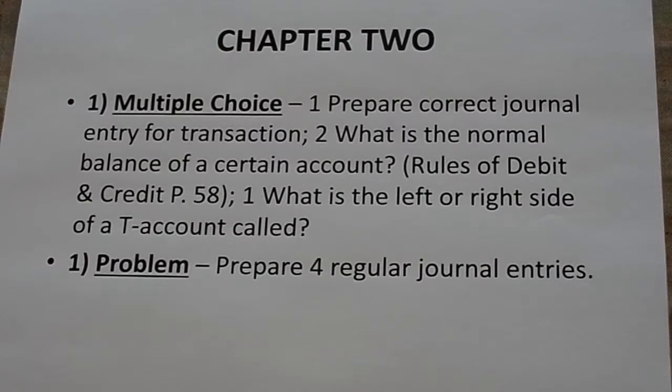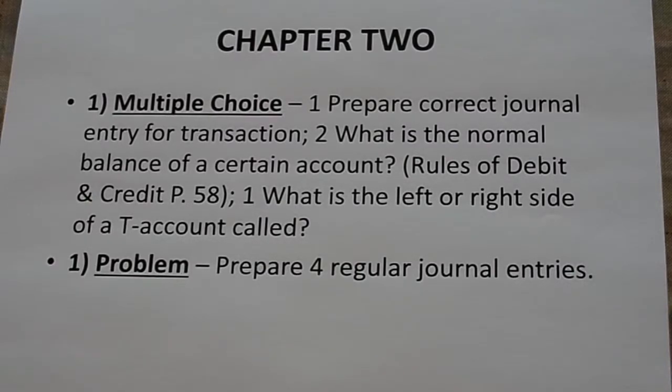We talk about normal balances. The normal balance idea, also called the rules of debit and credit, are, for example, that debits belong on the left and credits belong on the right. Watch the page reference. It's possible that I had that from an old edition of the book, so it's the rules of debit and credit.